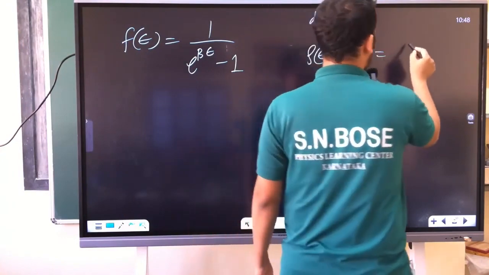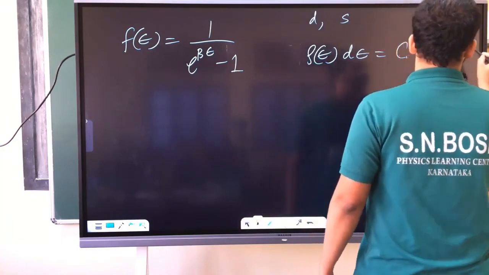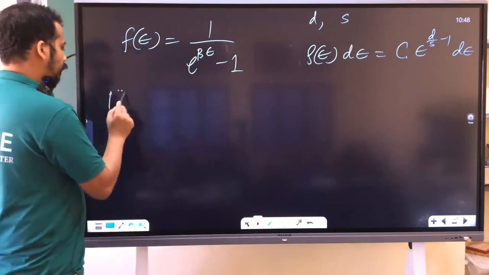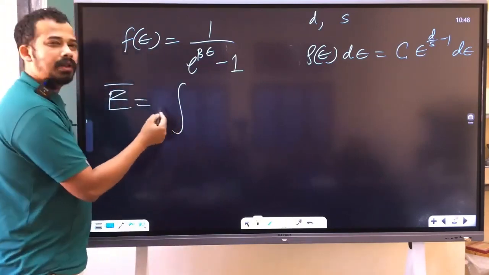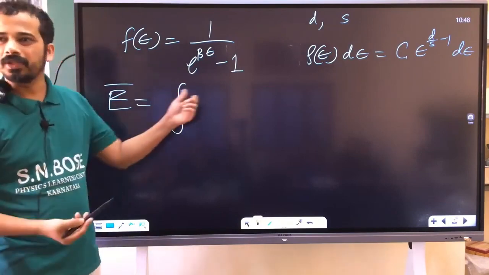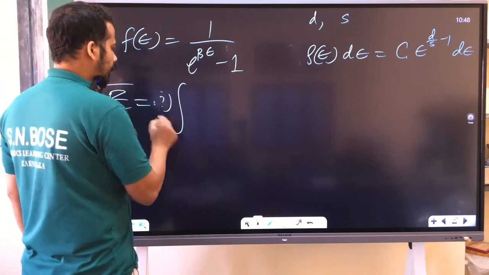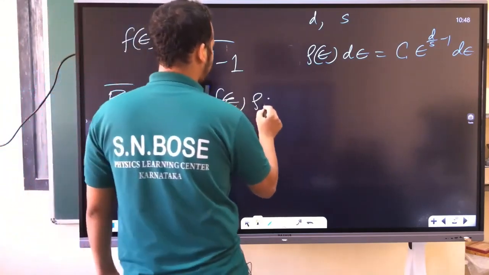That's equal to constant into e power d by s minus 1 into d e, isn't it? You are going to find rho of e d e, then you are going to find average energy, that's equal to, any polarization state or something, 3 in case of phonon. If you want to put it here, you can put it here, then integral of e f of e rho of e d e. Am I right?